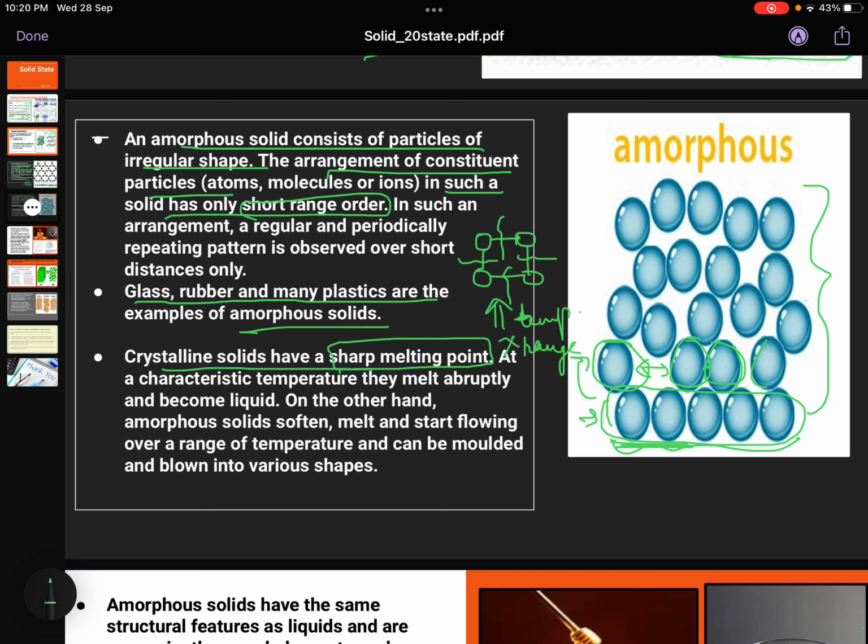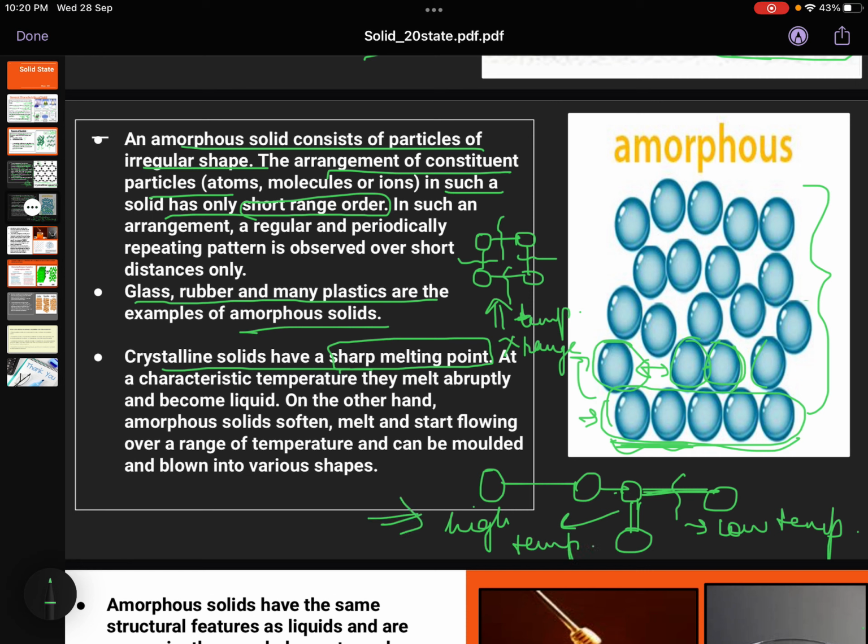But with amorphous solids, some of the bonds will be larger, some smaller, and there will be some double bonded atoms also. So all the bonds will require different temperatures. They will not all break at a particular temperature. The larger bond will require low temperature, whereas the double bond will require high temperature.